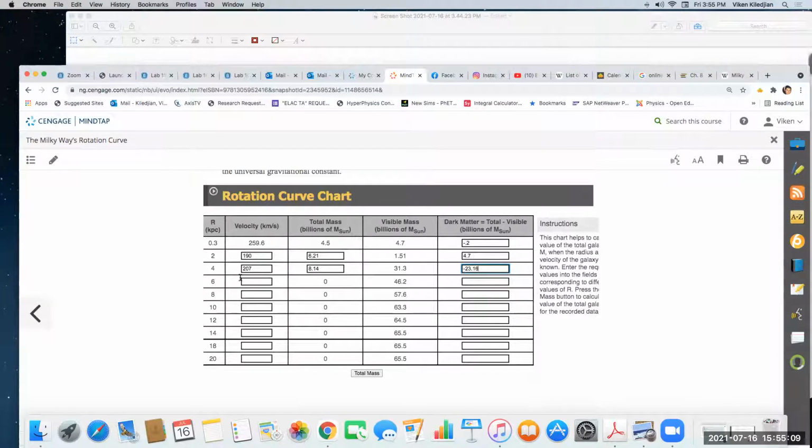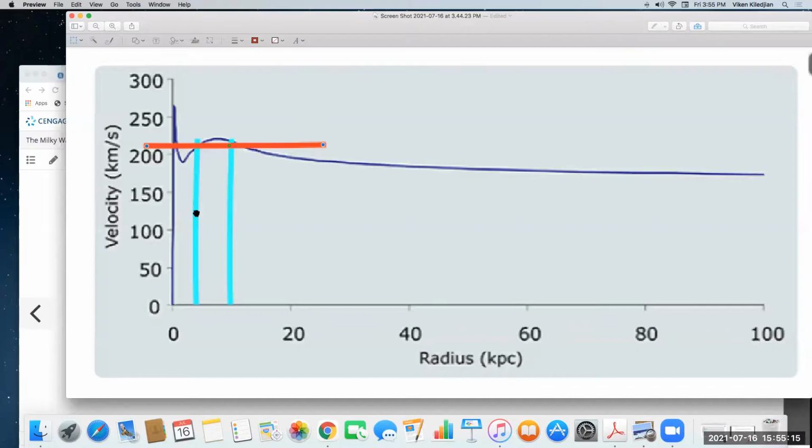Okay, then the next one, again, go to 6, put the line, determine where the velocity is. Now, one of the things you'll notice is that as you go farther and farther away, let's say we go to this area. This is just a place marker to show where the 30 is, to make it easier. As you notice, the velocities are plateauing. They're not going down like they should.